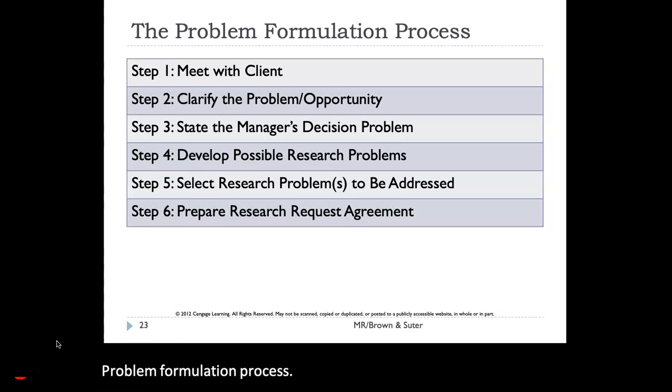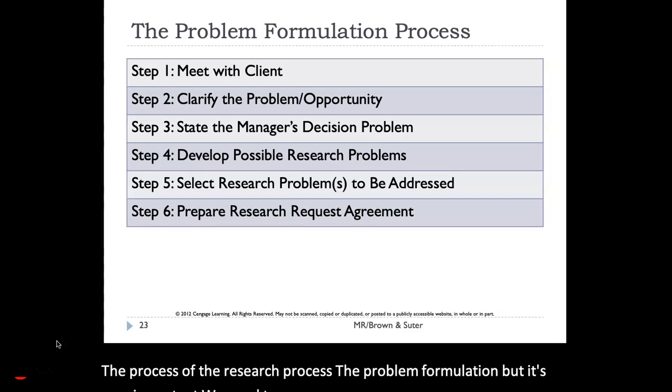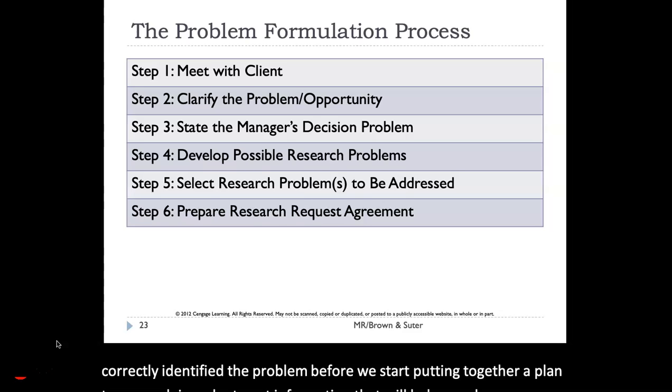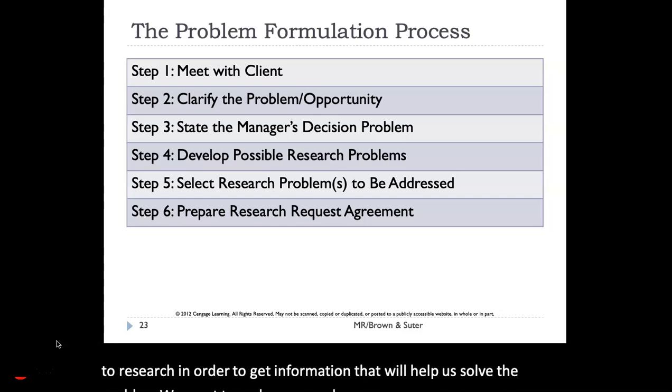Keep in mind, it's the very first stage of the research process, the problem formulation, but it's very important. We need to make sure that we understand and have correctly identified the problem before we start putting together a plan to research in order to get information that will help us solve the problem. We want to make sure we have the right problem and that we're going after the right information.